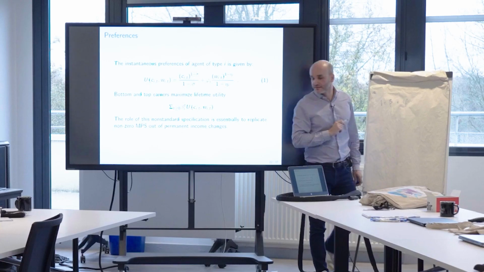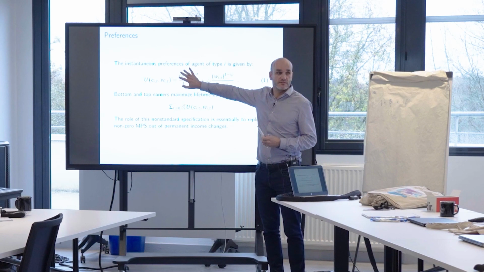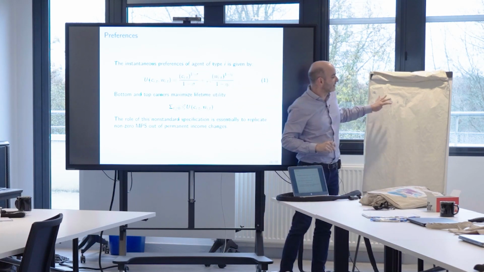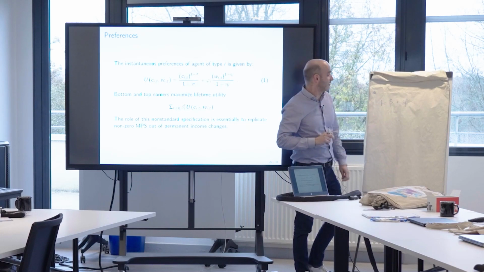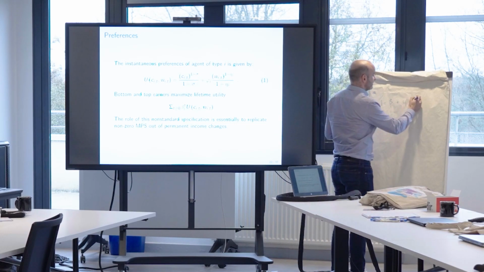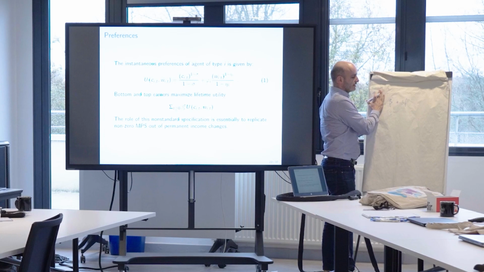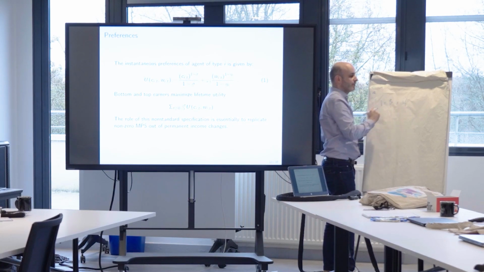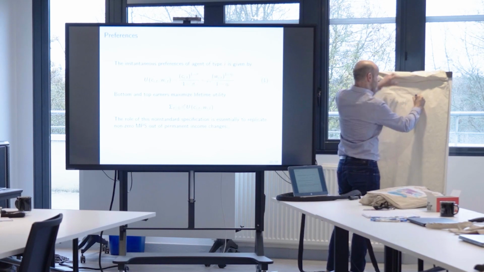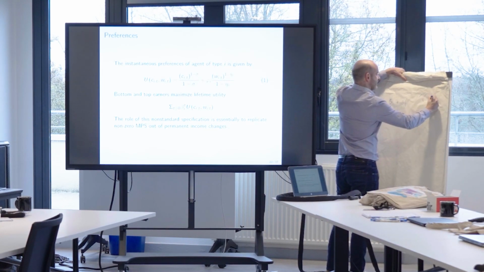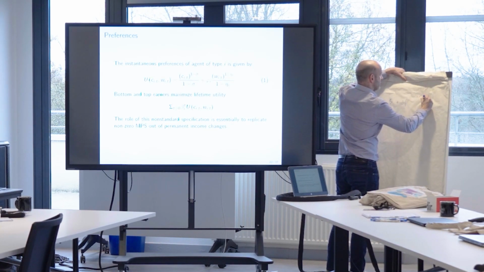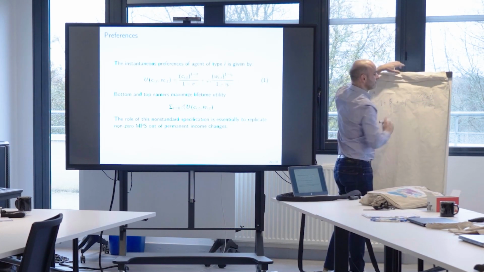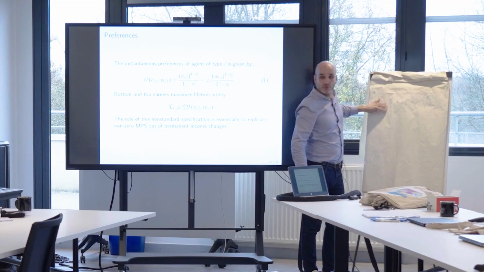So if you take this utility function, just to explain what it does, and you look at the Euler equation at the steady state, what you get is something like this. You have 1 equals beta times the change in consumption, but that's 0, times U prime W divided by U prime C. And so this is the Euler equation at the steady state.